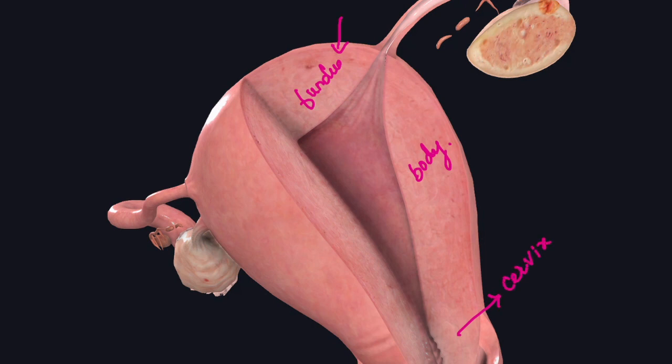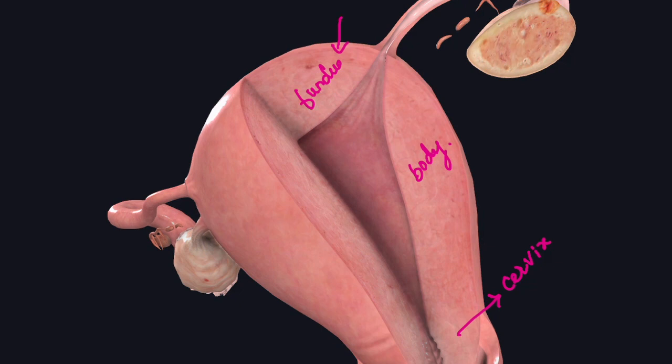The average measurements of a nulliparous adult uterus are: total length is 7.5 centimeters, the breadth is 5 centimeters, total thickness is 2.5 centimeters, and the weight is about 30 to 40 grams.